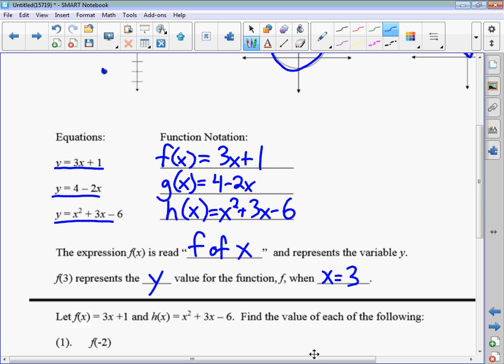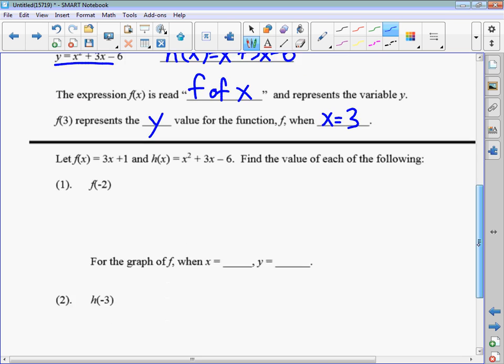So let's try a couple of those together to make a little more sense of this. So we have f of x equals 3x plus 1, and h of x equals x squared plus 3x minus 6. It says find the value of each of the following.